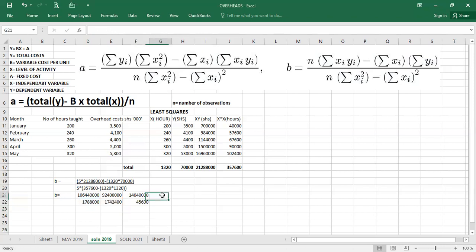So we get the division, and this time round it's going to be this one divided by this, equal to 307, and rounded off we make it 308.